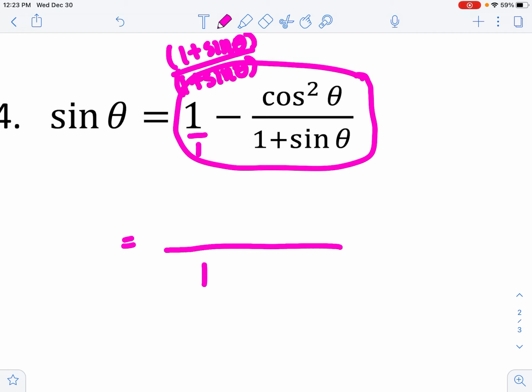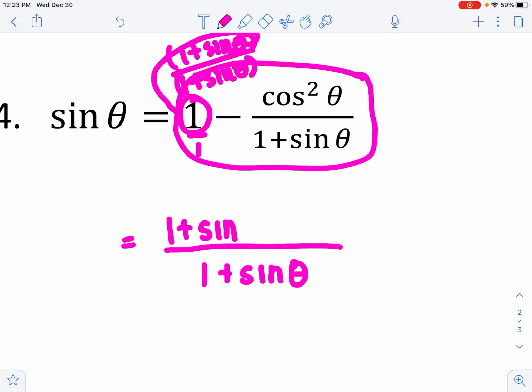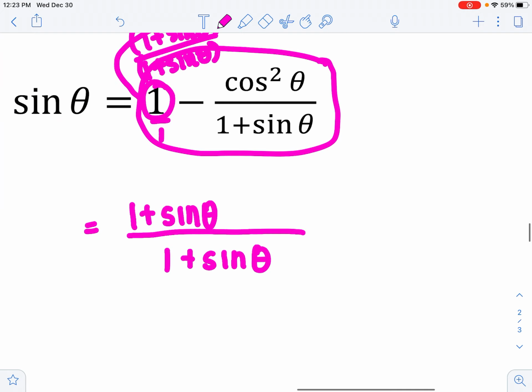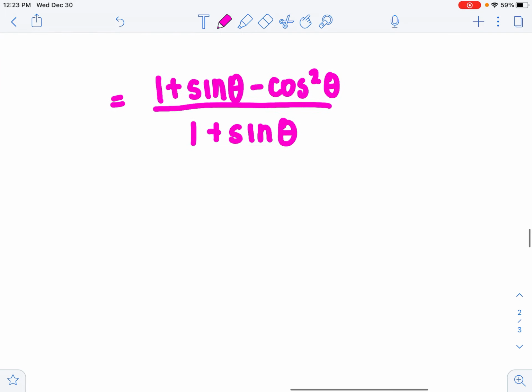Then I have my denominator, 1 plus sine of theta, and then my numerator, I got to distribute this 1 to here, and it's still 1 plus sine of theta. And then I have minus, whoa, careful, minus cosine squared of theta.